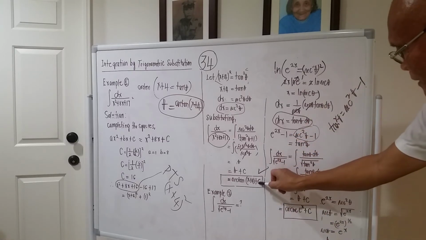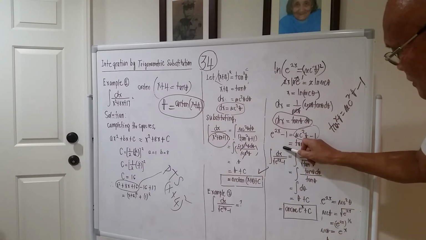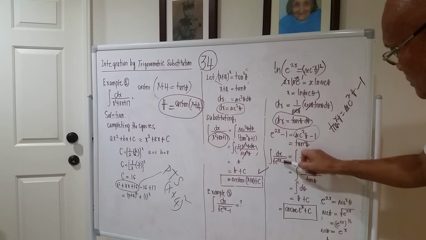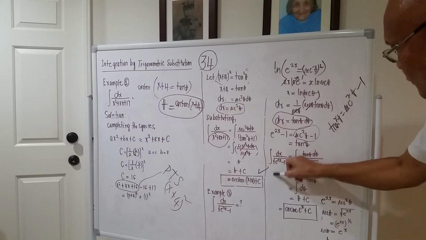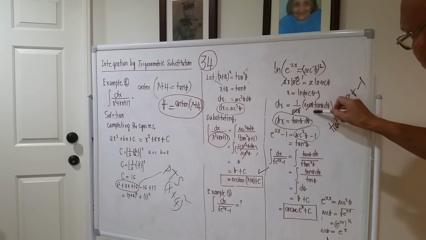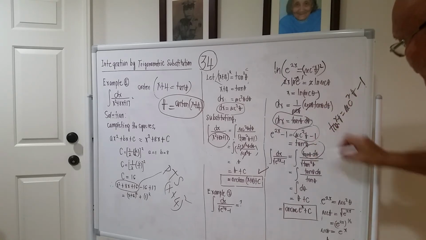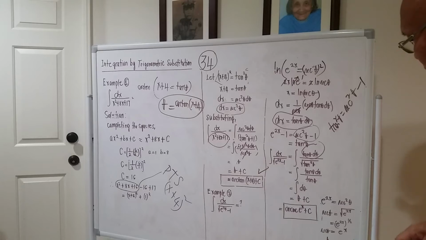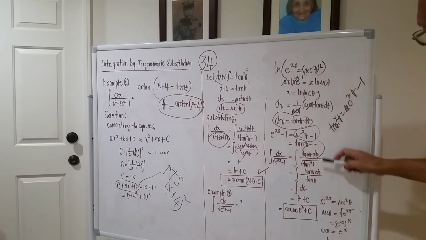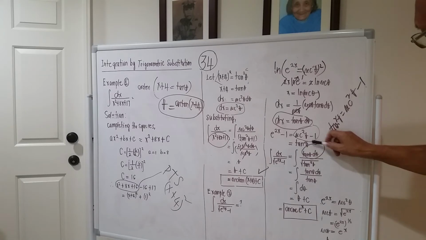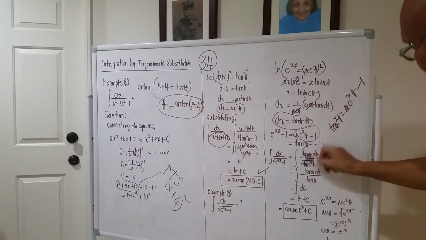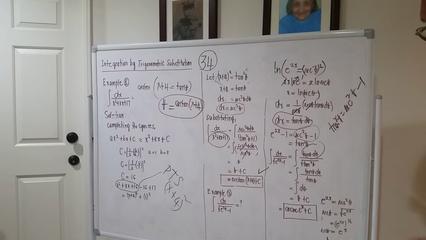Therefore, the integral of dx over the square root of e to the 2x minus 1 equals the integral of, what is dx? dx is tangent of theta, differential theta, all over the square root of e to the 2x minus 1, which is tangent square of theta. So this will be the square root of tangent square of theta.